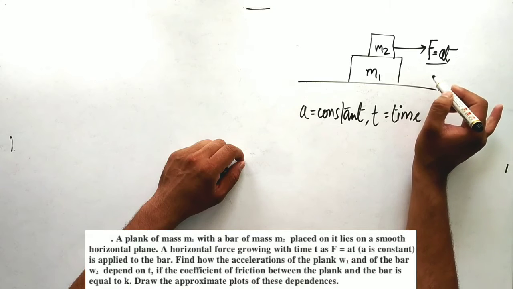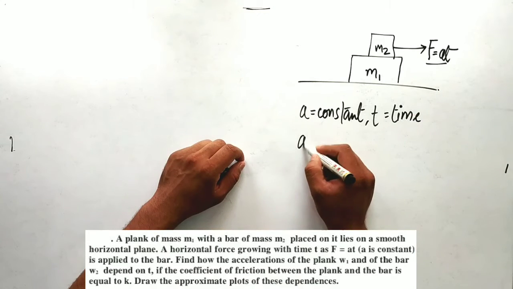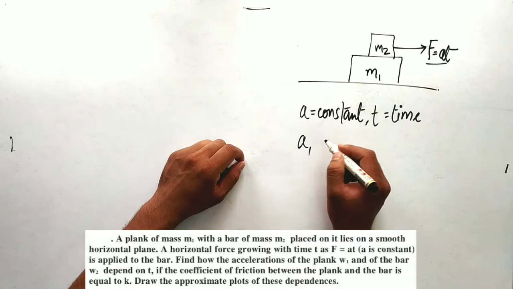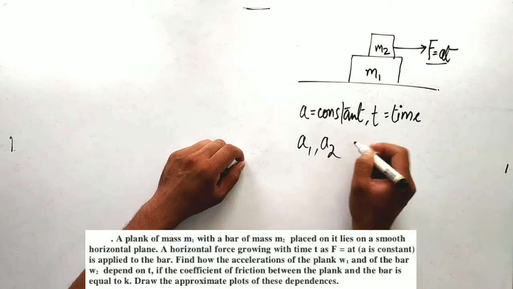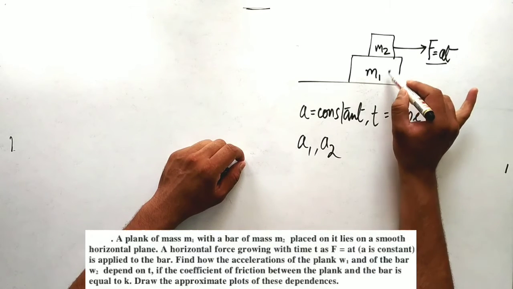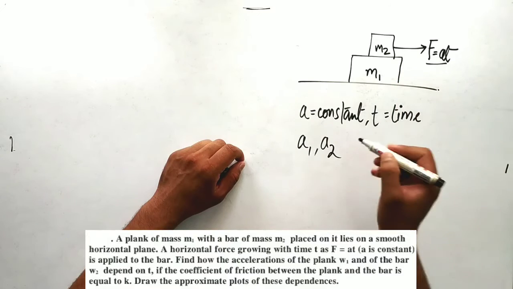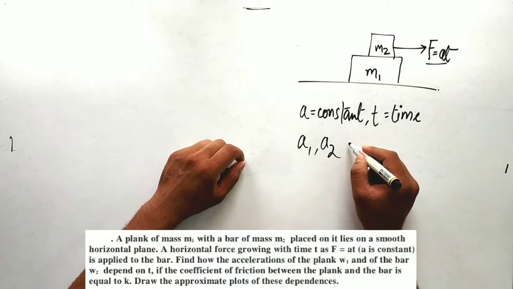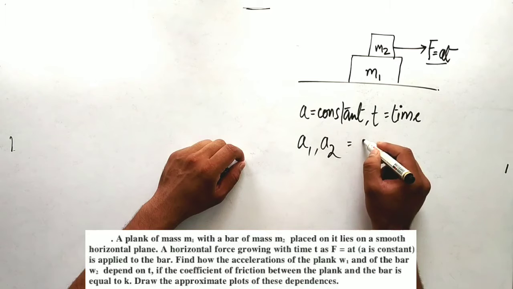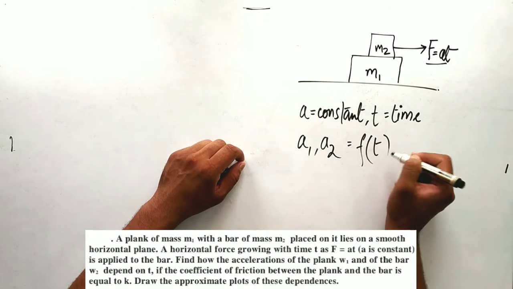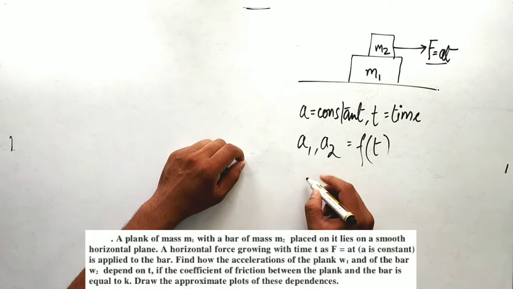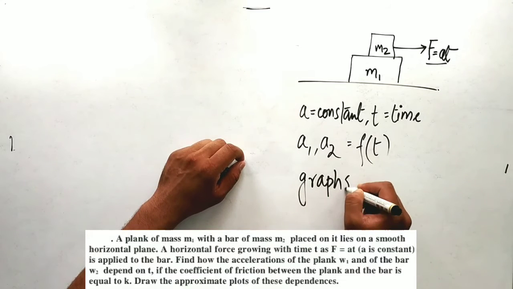Now, what we have to do is to find the accelerations of the blocks, A1 and A2, of the masses m1 and m2 respectively, and their relation with time, and also we have to plot graphs for this variation.